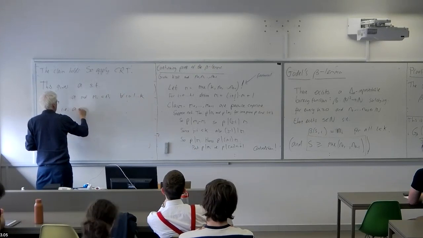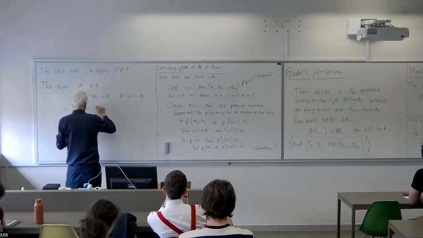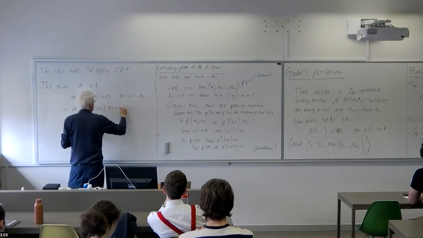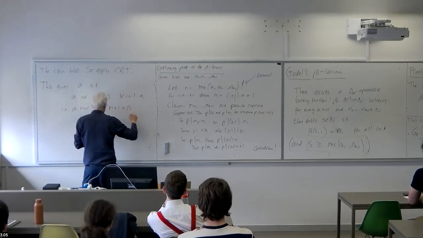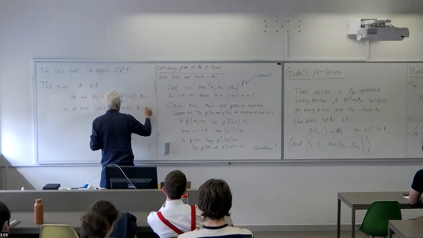That's saying A mod (i plus 1 times m plus 1) equals ni. So this i should be from 0 to k minus 1.